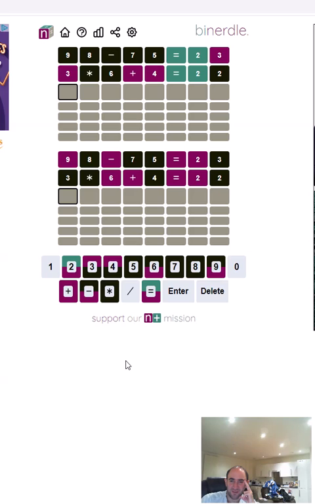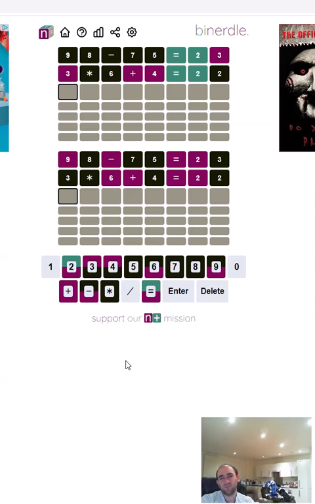What are we thinking then? 9 minus 6 is 3. But then what are we going to do to incorporate the plus as well? 9 minus 6 minus 2 equals 1. That uses all the digits.